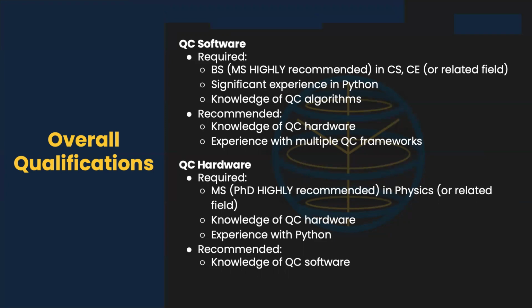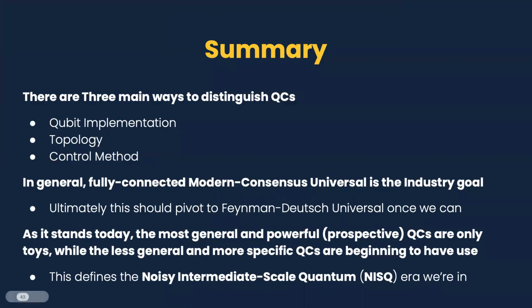So I have one last slide here. It's just sort of a summary of what we went over, because I know it was a lot. There's three main ways to distinguish quantum computers: by qubit implementation, topology, and control method. For qubit implementation, the two that we went over are superconducting qubits and trapped ion. There's a bunch more.